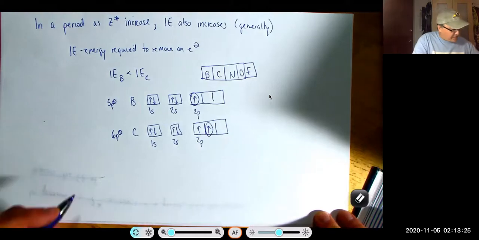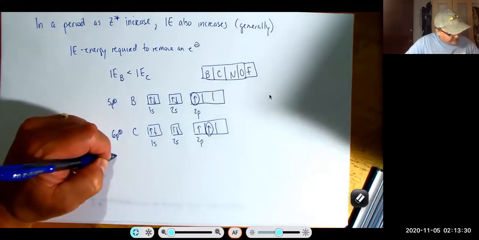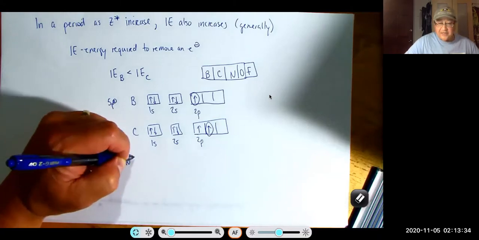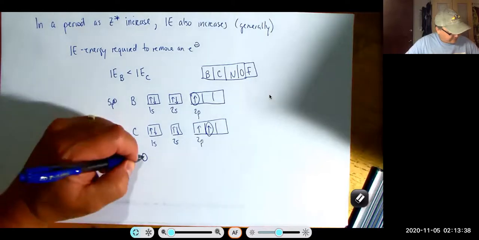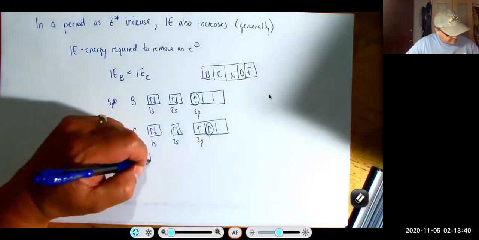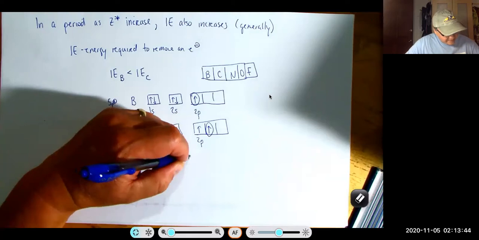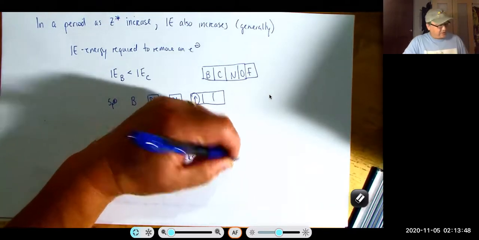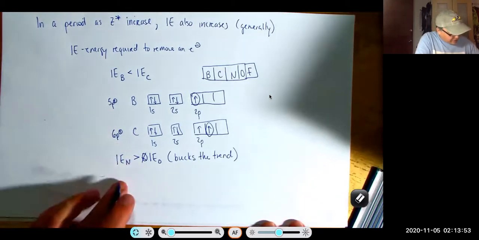Now, this is weird. If you look at the chart, it says that the ionization energy of nitrogen is not less than oxygen, it's greater than oxygen. So this bucks the trend. So why is that the case? Well, let's take a look at nitrogen versus oxygen.